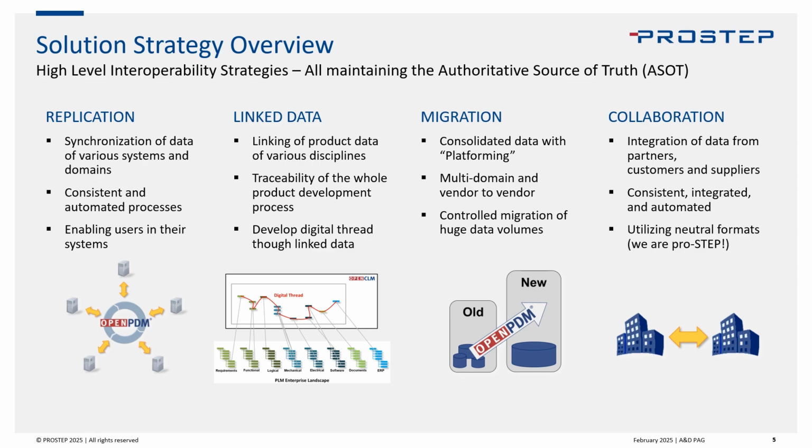The third, and this is sometimes categorized as another way of providing data, is migration. But we call this, in the digital thread world or digital twin world, platforming, right? Bringing the data into a single platform so that it can create the digital thread and digital twin within that.